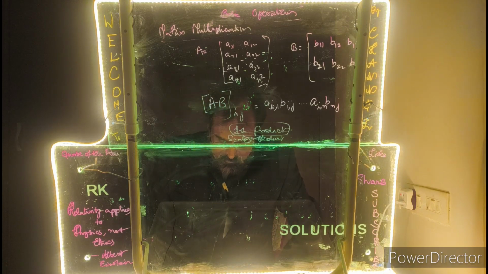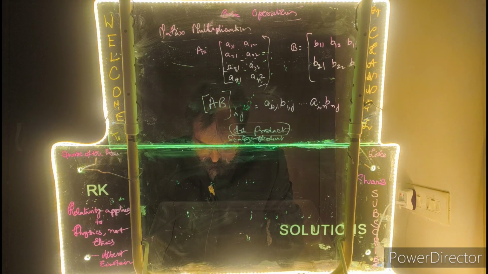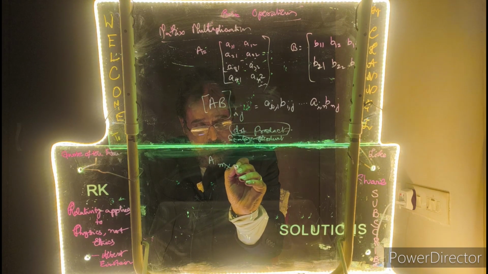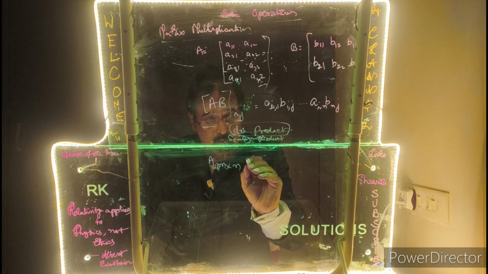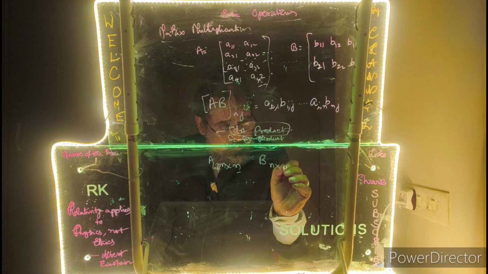And the basic condition to multiply two matrices is: if A is of size m by n, then B should be of size n by something else, n by p, let's say.